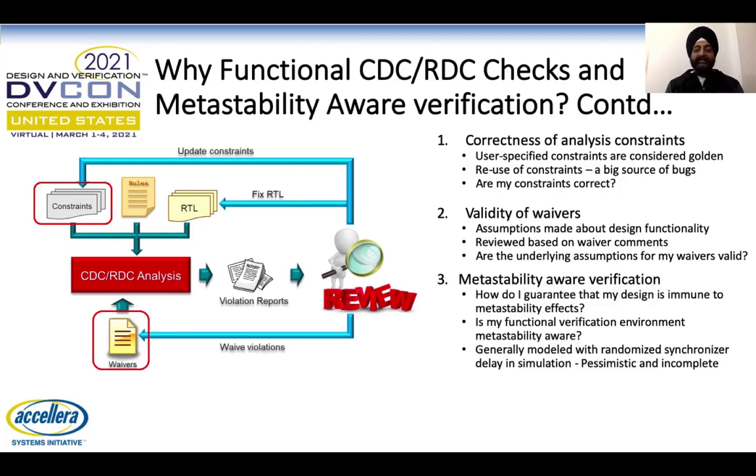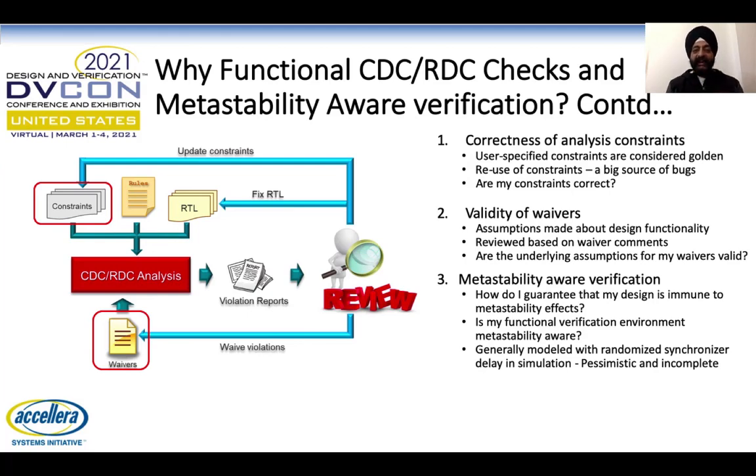And thirdly, how do I guarantee that my design is immune to metastability effects? Is my functional verification correct in a metastability-aware environment? This is generally modeled with randomized synchronizer delay in simulation, which is pessimistic and incomplete. So you really require a more comprehensive approach to metastability-aware verification.